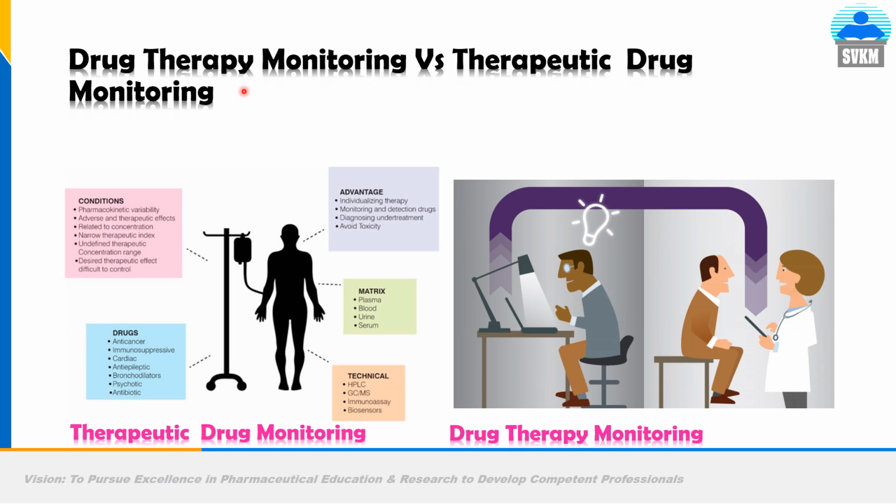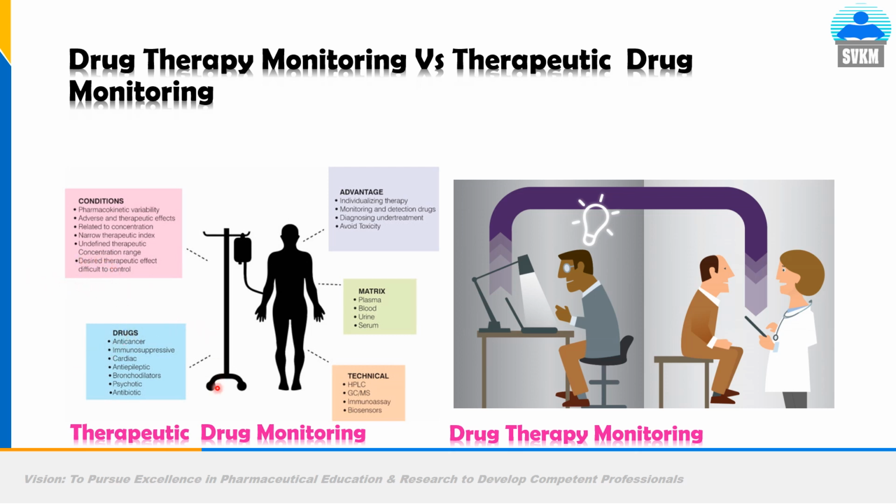We already discussed in our previous talk that we assess the patient in relation to different conditions like pharmacokinetic variability, adverse drug or therapeutic effects related to concentration, the narrow therapeutic index, to identify the narrow therapeutic index, undefined therapeutic concerns, and desired therapeutic effects.